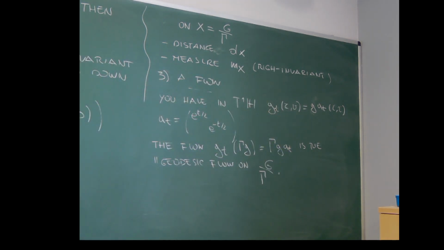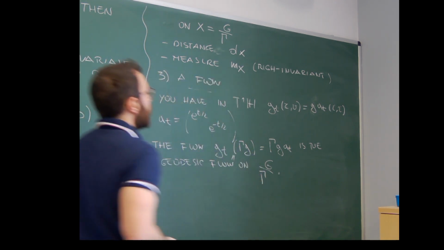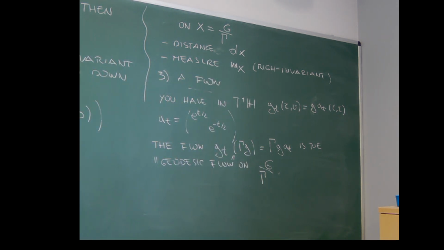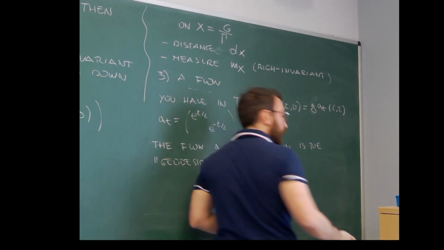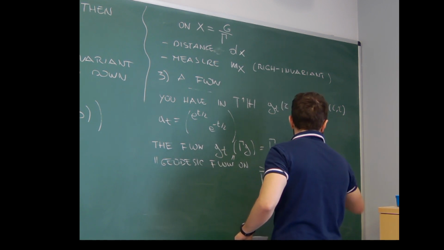I wrote quote-unquote because I always forget this. I wrote quote-unquote because it's the geodesic flow. A geodesic flow means that you should be able to see this as the tangent bundle of some surface.